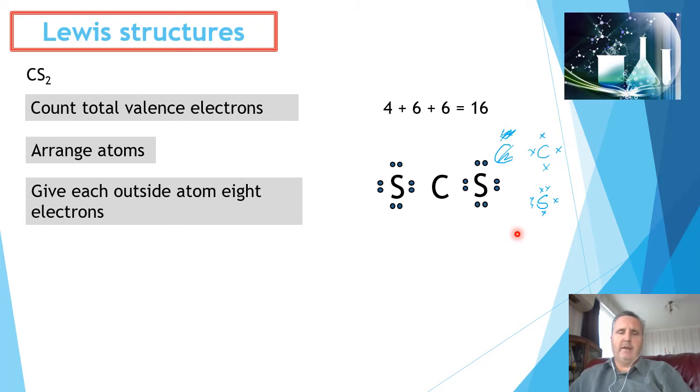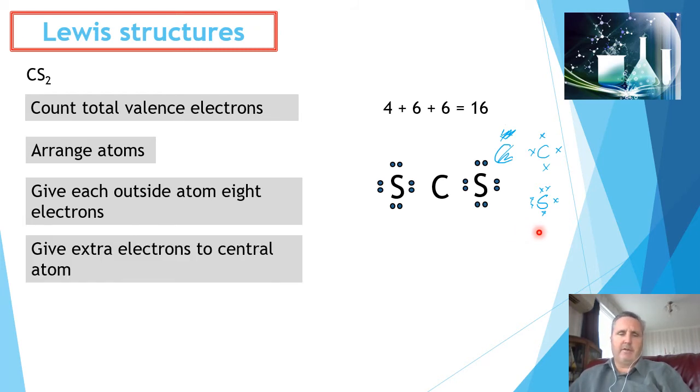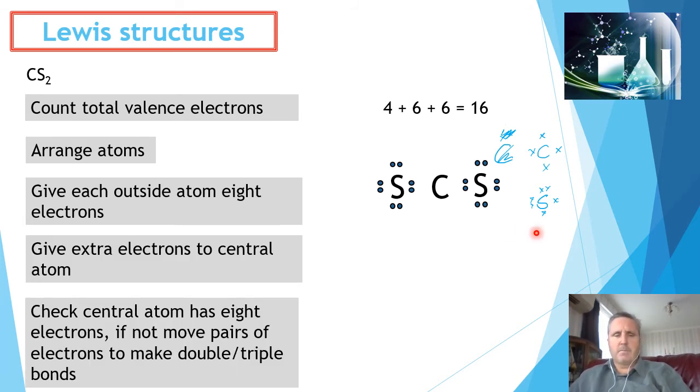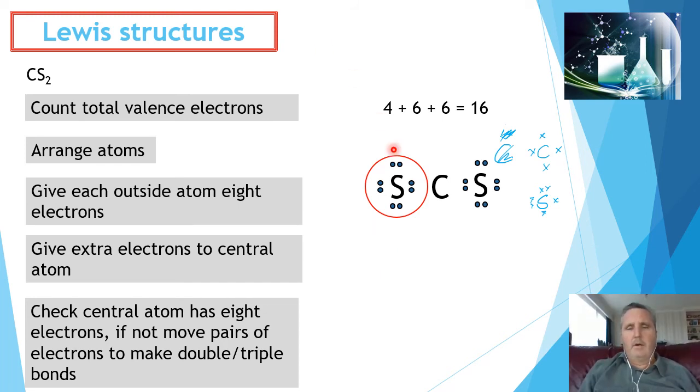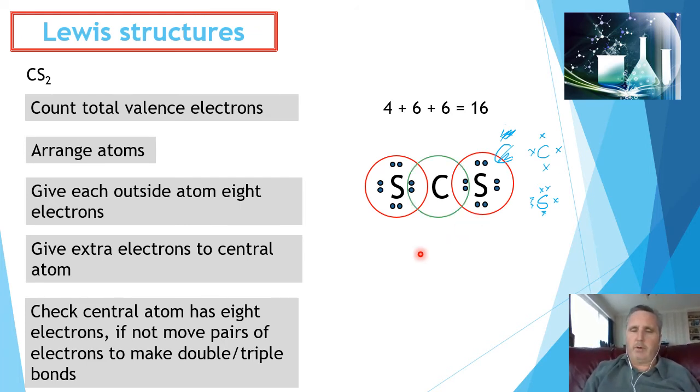So let's check the atoms to see that they have the correct amount of electrons around them. So this here has 8 electrons, and we'll check the other sulfur, it's got 8 around it. But when we go and check the carbon, we notice that there's a wee problem here.